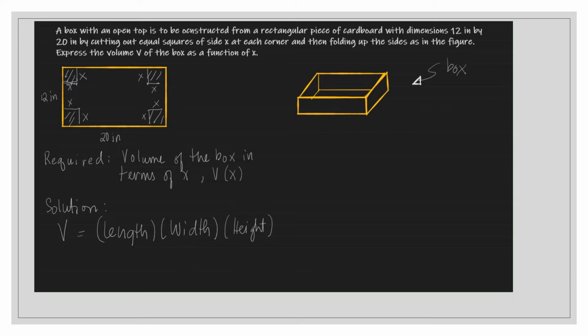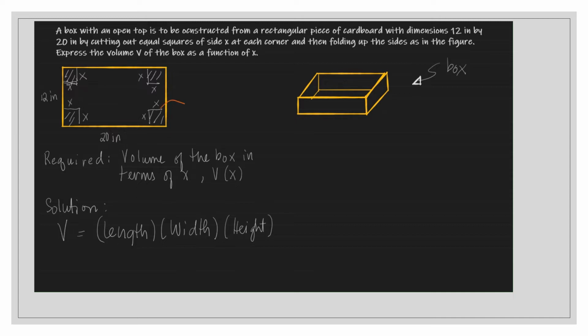Suppose we are going to associate the length of the resulting box with the 20 inches side, and then the width will be associated with the 12 inches side, and we know that the side of the square will now become the height of our box.